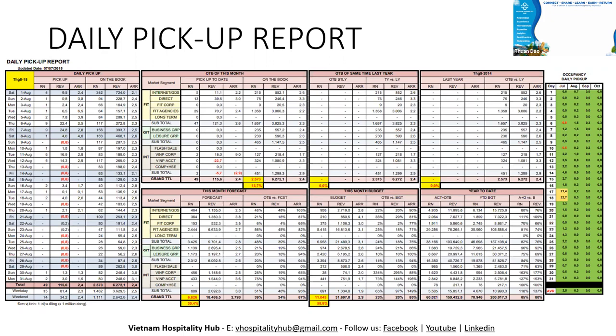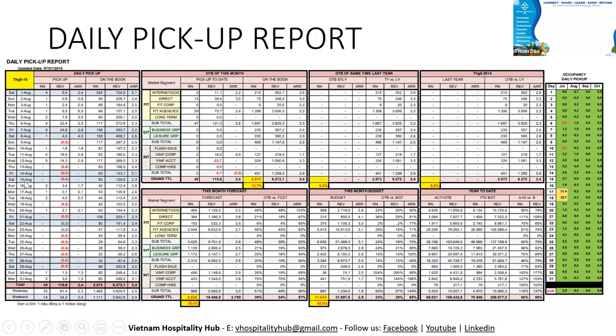If we got a lot of cancellations, we need to look back. Why do so many people cancel the booking? Where do they come from? For this one, for example, we got minus 23 room nights or minus 23 in revenue. Then we need to find out why the revenue dropped or why the room nights dropped.